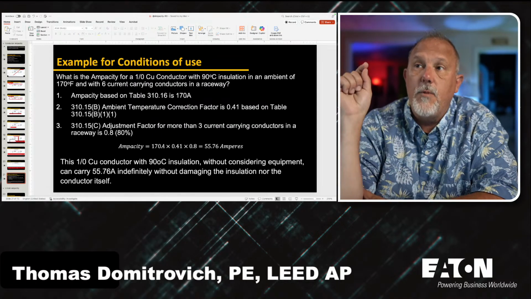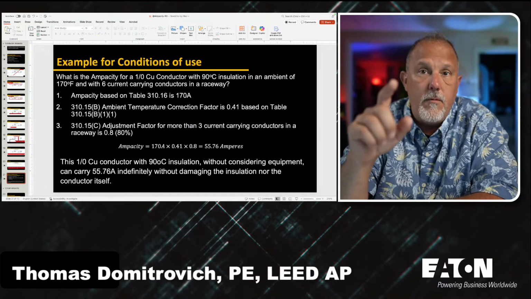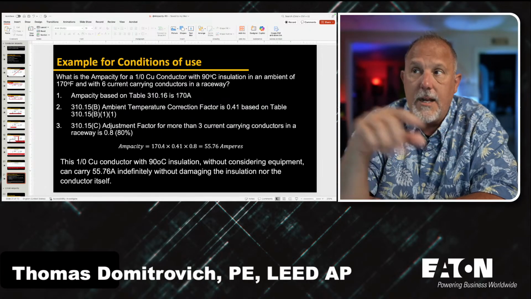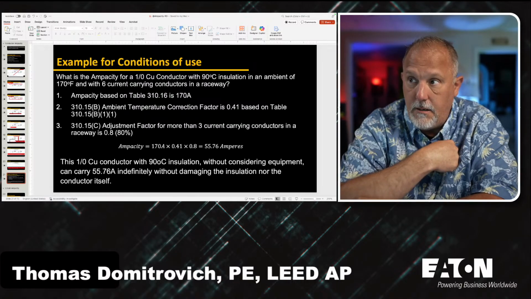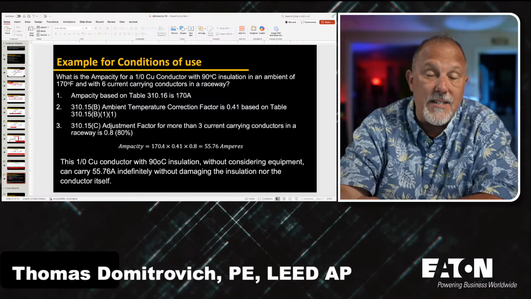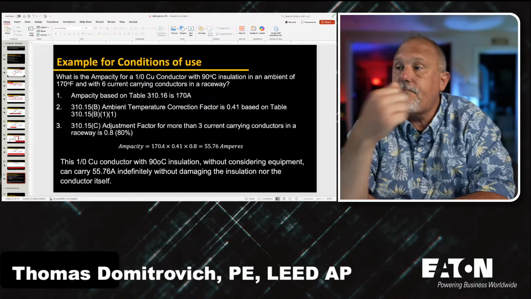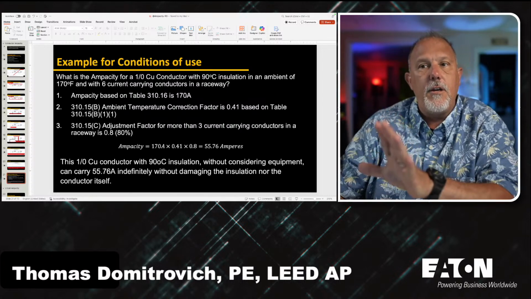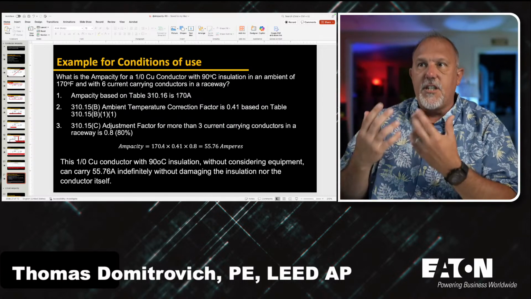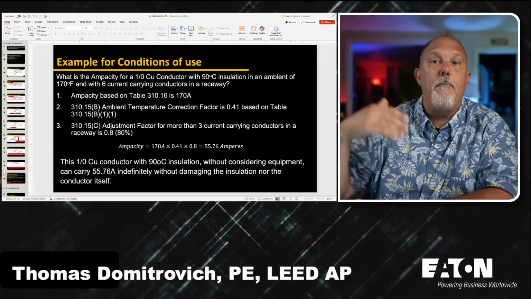That 1-aught conductor, based upon the table, can handle 170 amps, but based upon the conditions I'm putting it in, it can only handle 55.76 amps. So that rounds out the discussion for the conductor ampacity.